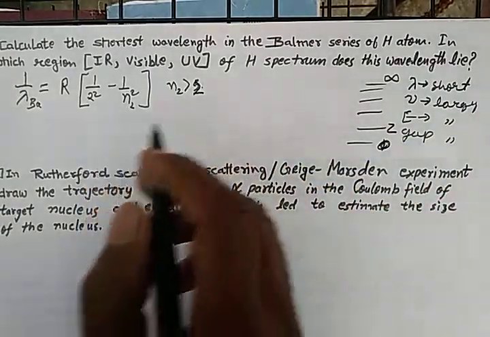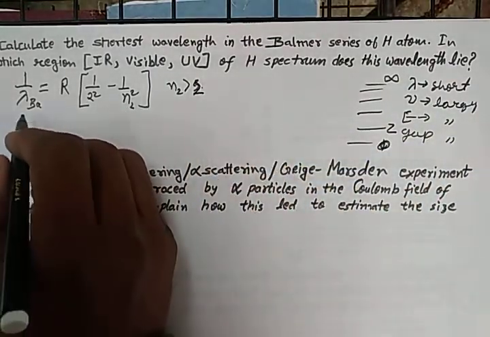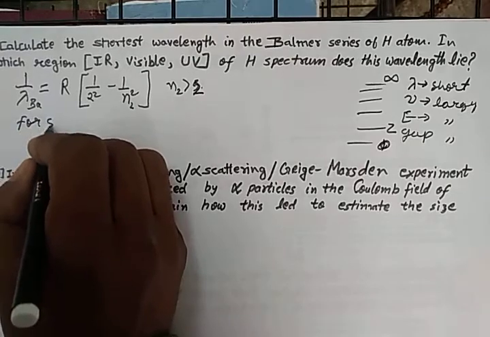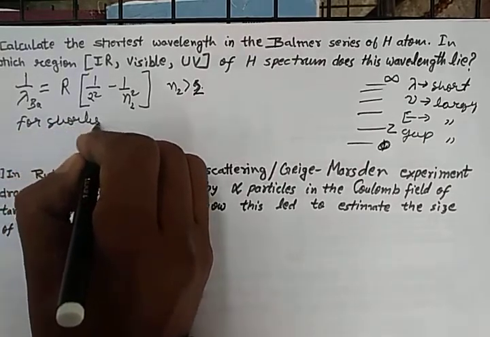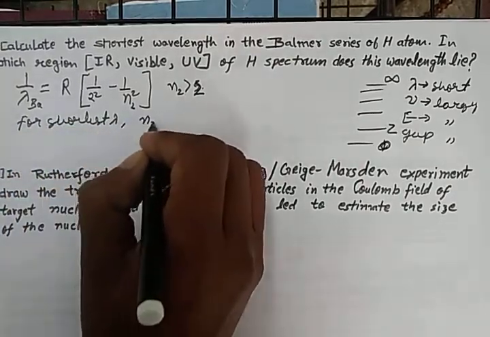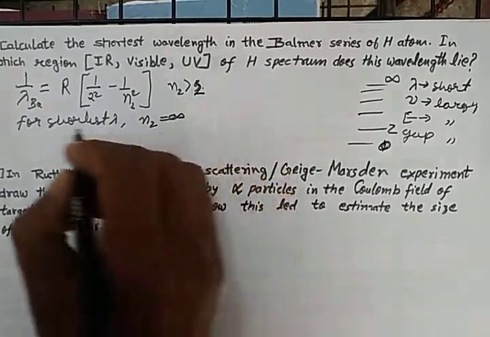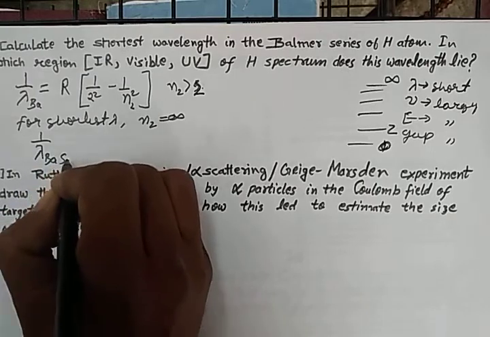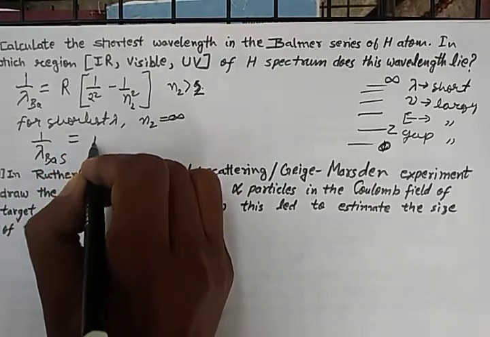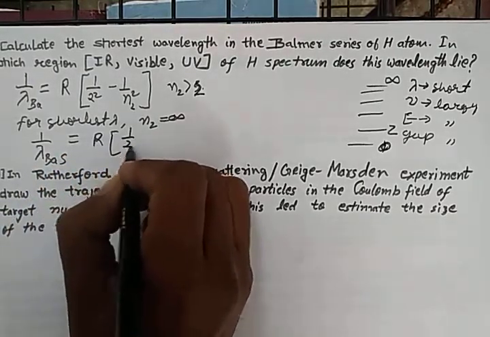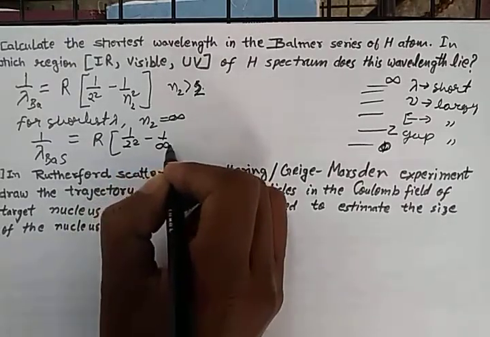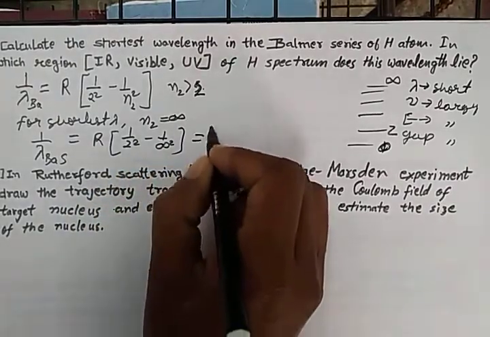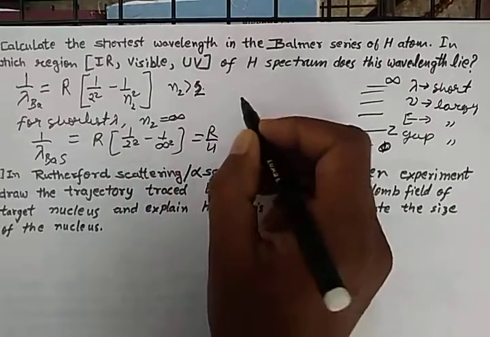So for the shortest wavelength, n2 is equal to infinity. So 1 upon lambda Balmer shortest is equal to R times 1 by 2 square minus 1 by infinity square. So it is R by 4. So we will reciprocate it.